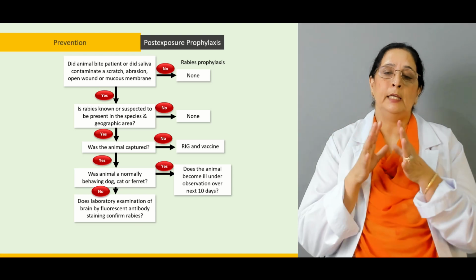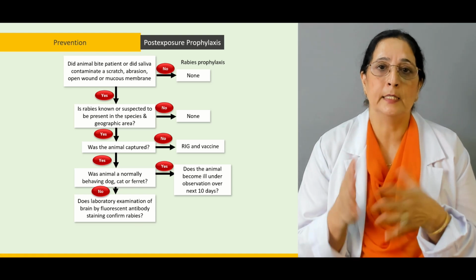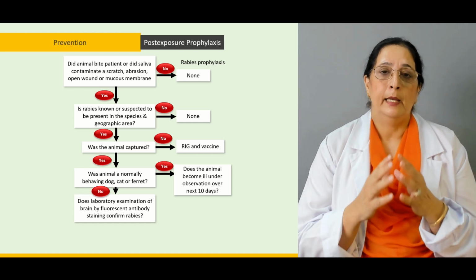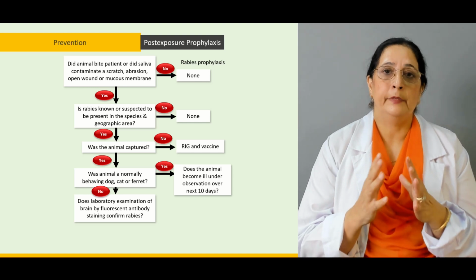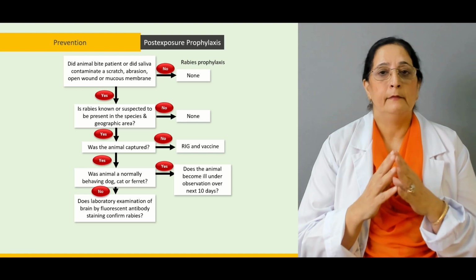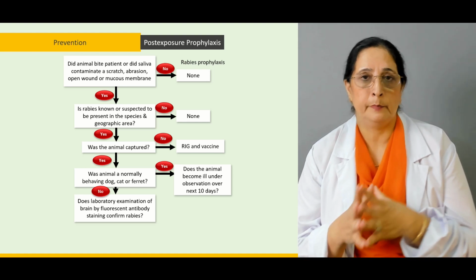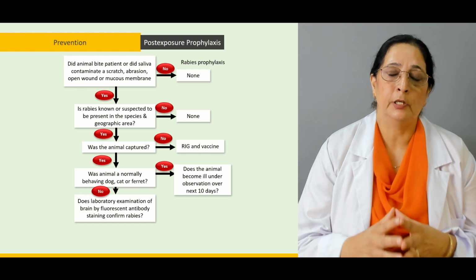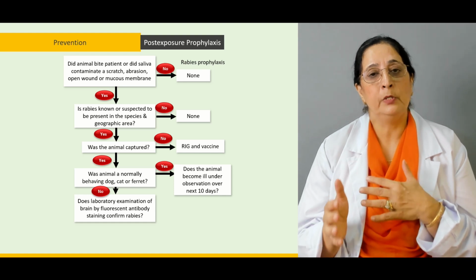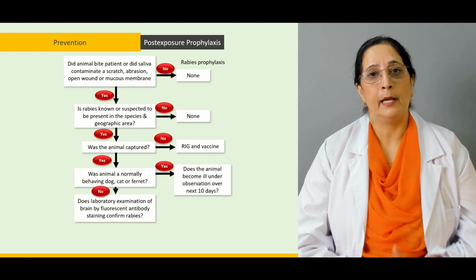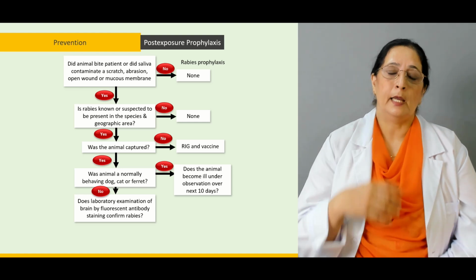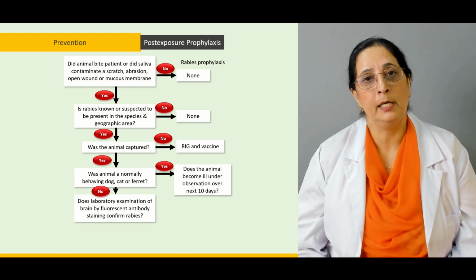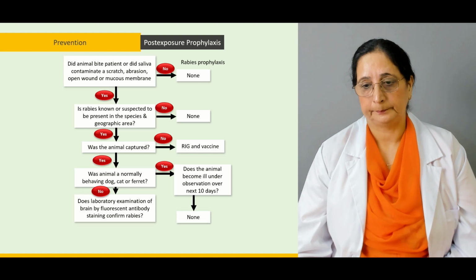If I just summarize this whole thing, after the bite of the animal, if the animal is captured and looks fine, we don't need any special measures. But if the animal is not captured and the condition is common in that area, we need to give the rabies immune globulin and vaccinate the person, and then we should observe whether the animal behaves normally or not in the next 10 days.